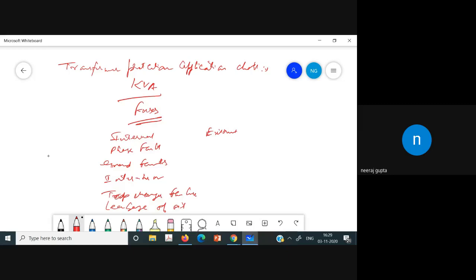And the external faults: system phase faults, system ground faults, then overloads and overfluxing.